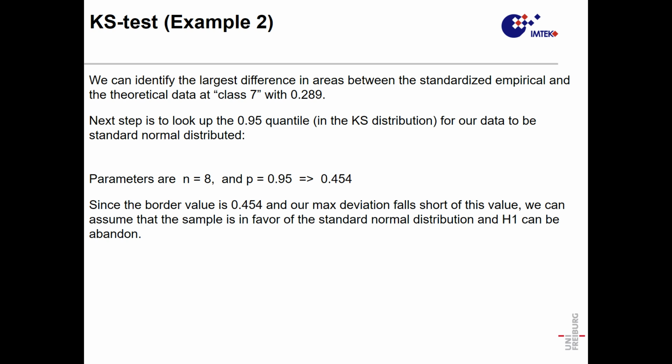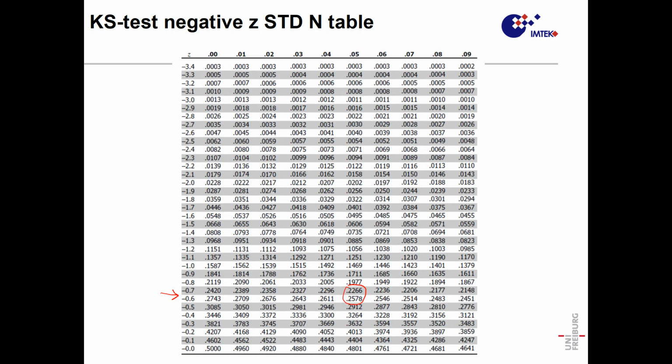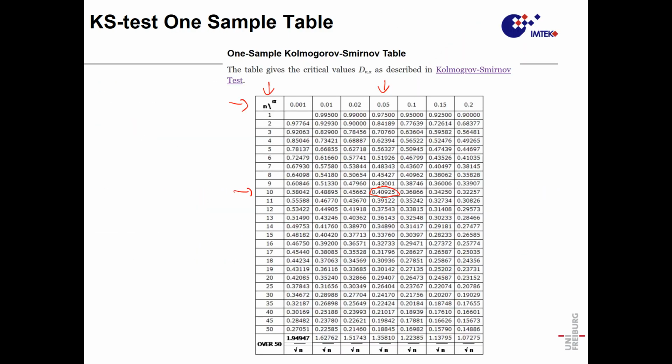So let's say we have calculated this as a T. This is our T. Now we want it to be 95%, so 5% error, alpha error. We have n equal to 8, 95%. We go to our table, 8, 95, is about this value.